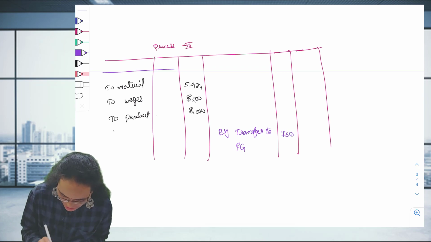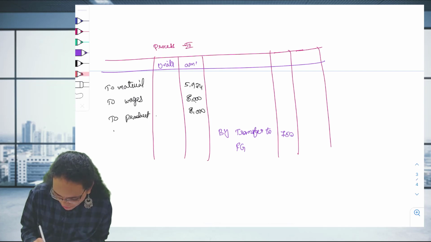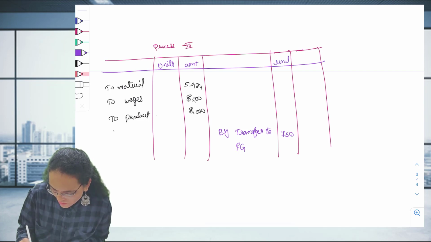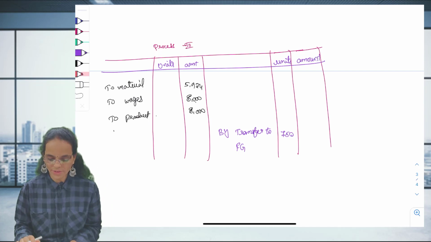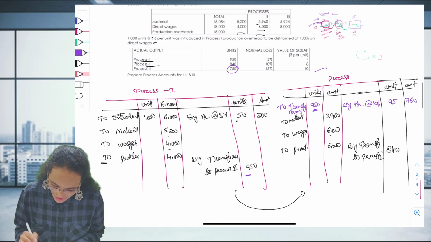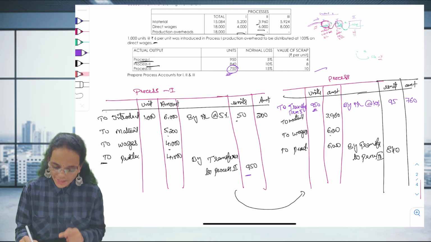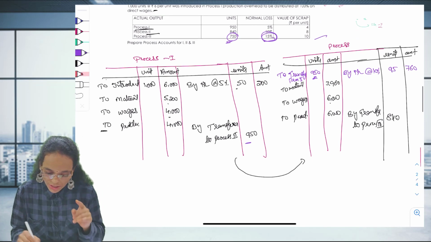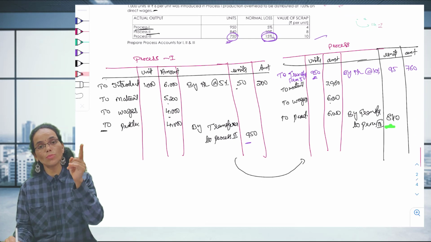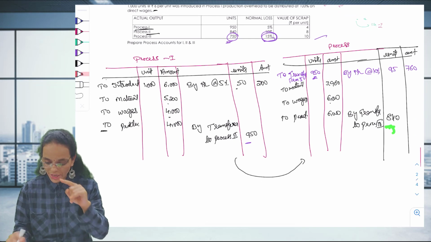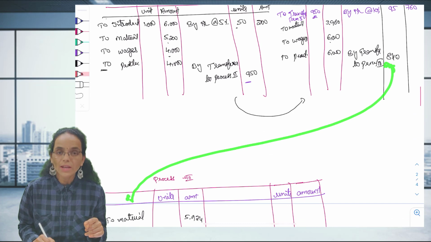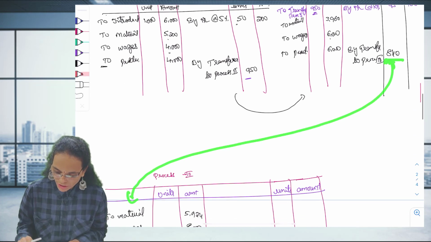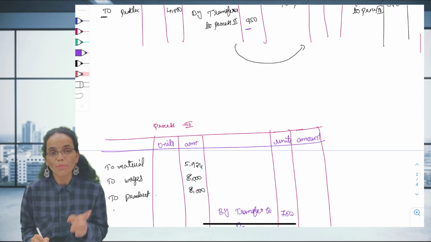These are the units, this is the amount. 750 units are transferred and normal loss is 15% of the input. What is the input? The output of process 2 will become the input of process 3. So this 840 units is the input of process 3.